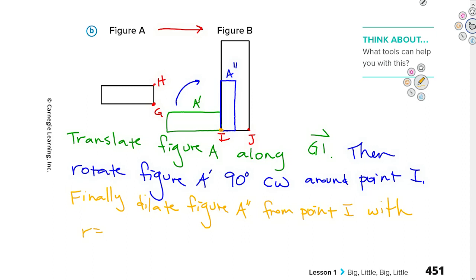I'm trying to get to a big thing. So that's IJ divided by where I'm currently at. And even though I moved it around, the length is still GH. Okay, and that would make it big enough to land directly onto figure B. Okay, so figure A is similar to figure B.